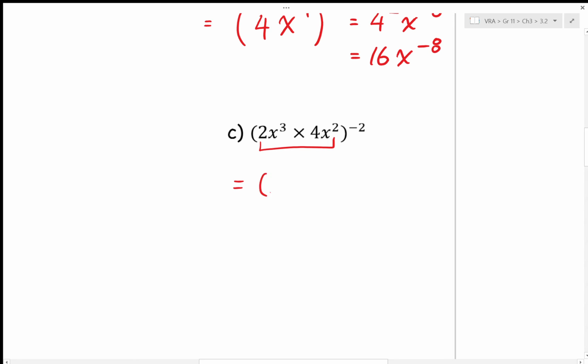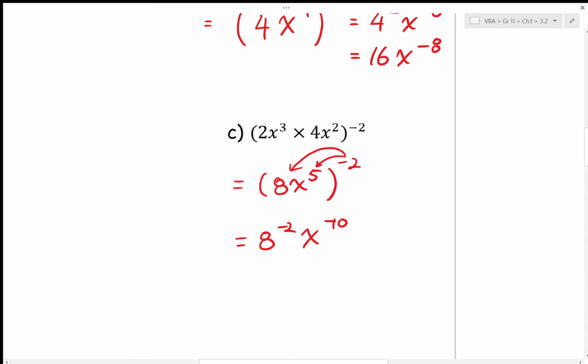So then we have 8 and then x to the power of 5. Hopefully you're used to it, right? 2 times 4 gives me 8, and x cubed times x squared gives me x to the power of 5, and then to the power of negative 2. So this negative 2 applies to both of these. So it's 8 to the power of negative 2, and then x to the power of negative 10.